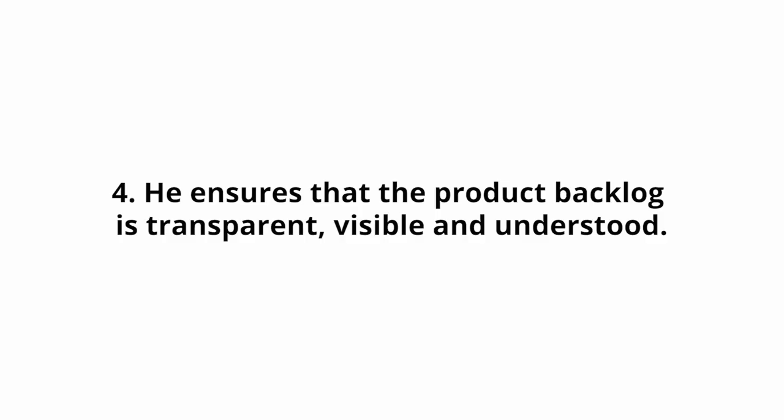And number 4, he ensures that the product backlog is transparent, visible, and understood. So remember that we spoke about transparency as a pillar of Scrum. Transparency ensures that for every work that is being executed, everyone has a bird's eye view or a side view of the work that is being done.